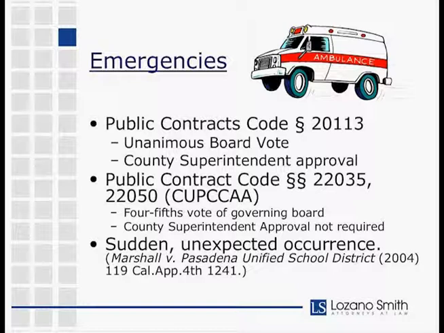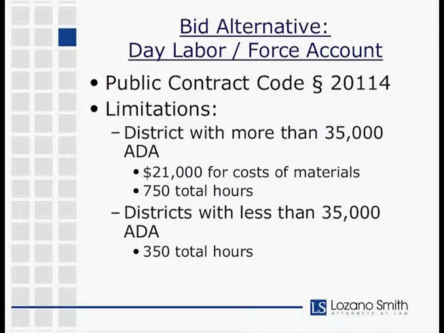Okay, another exception to bidding is under Public Contract Code 20114, where the district can use its own employees, which is what force account means, to make repairs, alterations, additions, painting, decorating, or things along those lines.